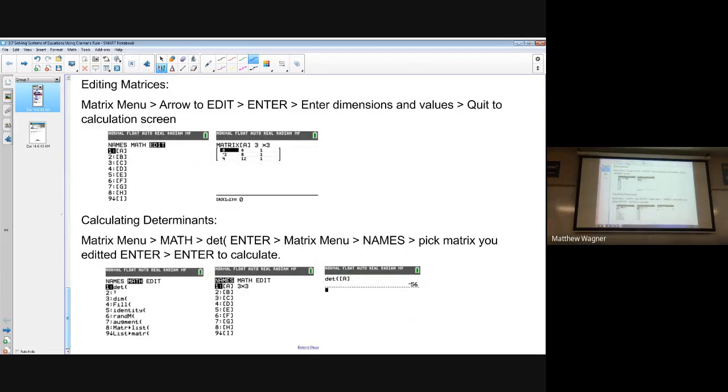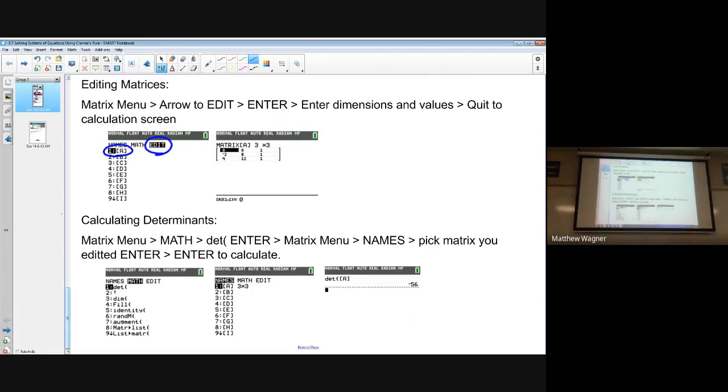So the first thing you're going to want to do on your TI-84 graphing calculator is find your matrix menu. Again, your matrix menu is kind of down that left-hand side as far as things go. So once you open up your matrix menu, you want to arrow over to edit, okay? So we're going to arrow over to edit, and then you can pick any matrix. I'm going to pick matrix A, okay?